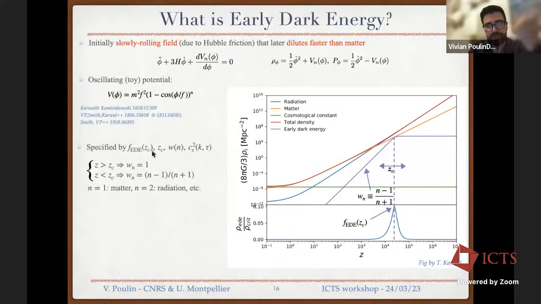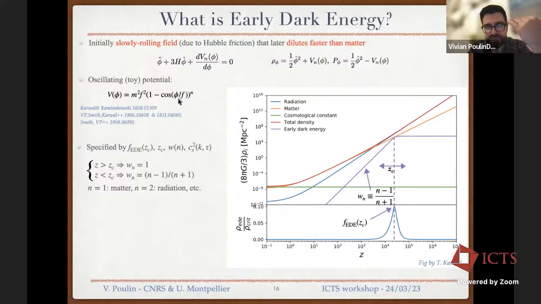And let me show you what it looks like. So the fractional energy density at some critical redshift. So it's the maximal energy density that is reached, after which the field is going to dilute. Then the critical redshift at which this maximum is reached, the equation of state, or this n parameter that tells you how fast or how slow the fluid is going to dilute. And the last parameter is the sound speed.